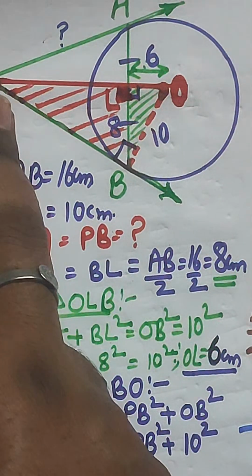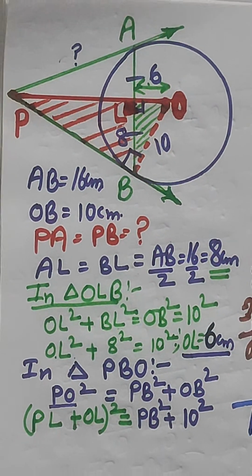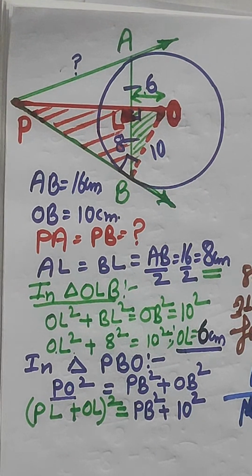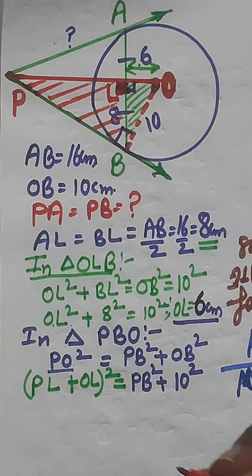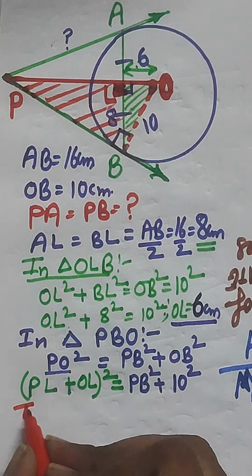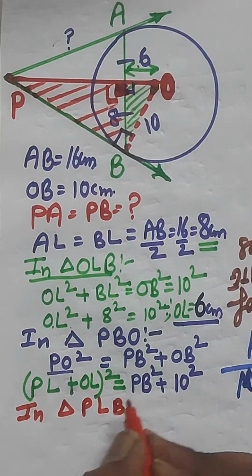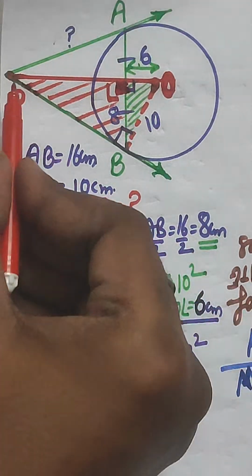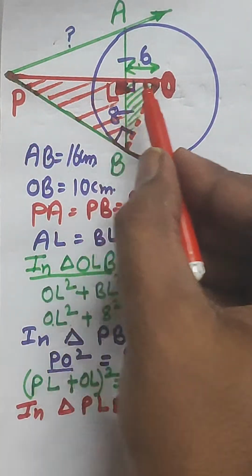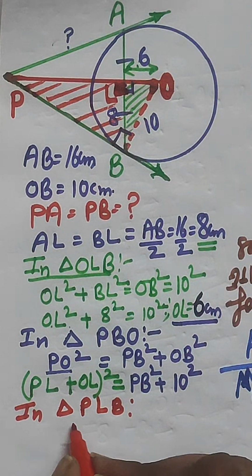So in triangle PLB, which is also a right angle triangle, we can write PB square equal to PL square plus BL square, right?